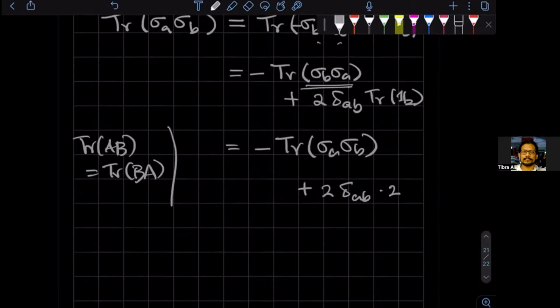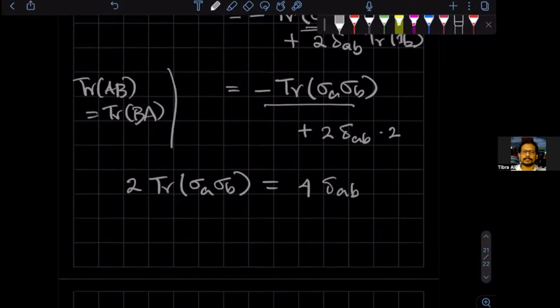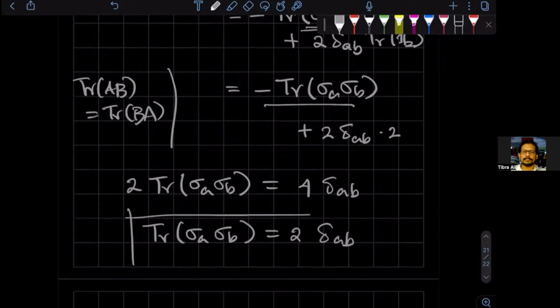So now I can bring this to the other side, and I have 2 trace of σ_Aσ_B is equal to 4 times δ_AB, and therefore trace of σ_Aσ_B is 2 times δ_AB. Okay, this is a very useful relationship.